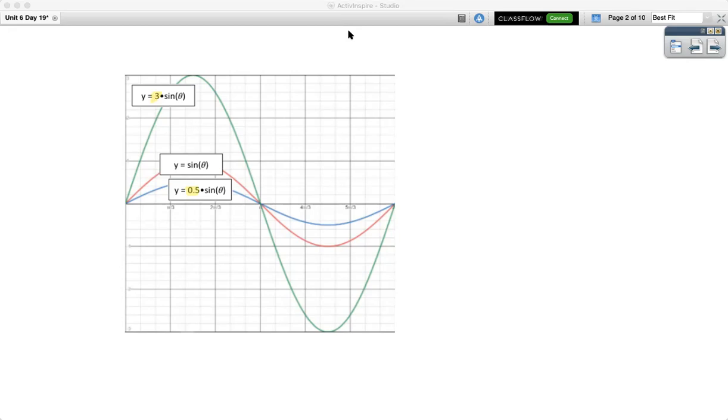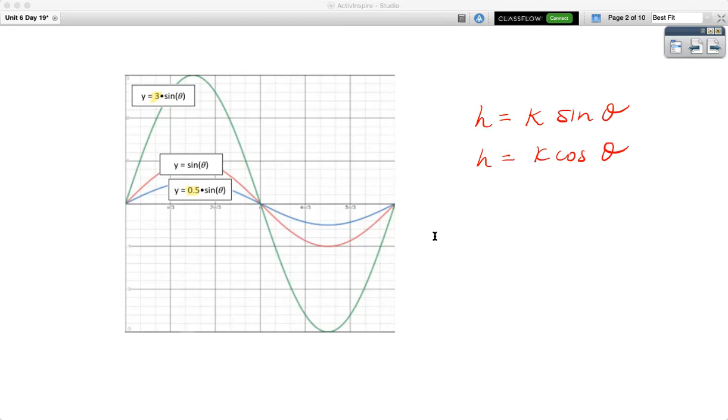So in more generic terms, if I write h equals k sine theta, and this works for cosine theta as well, and I'll show you an example of that in just a minute, the parameter k in these equations changes the height of each graph by a factor of k, and the absolute value of that is called the amplitude.